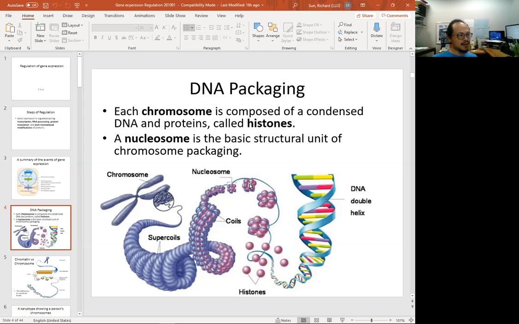This bit is called the nucleosome. So just terminology. When people say this, you know what it means. Chromosome is not just the DNA. Chromosome is the DNA and the histone. And nucleosome is the little bit, the unit structure of the DNA packaging of the chromosome.